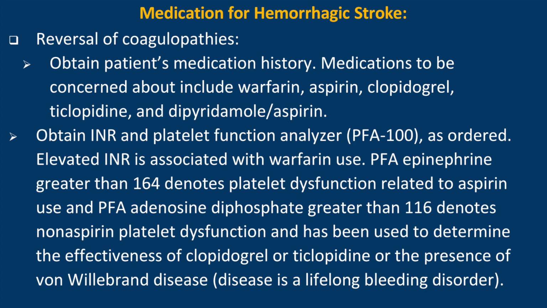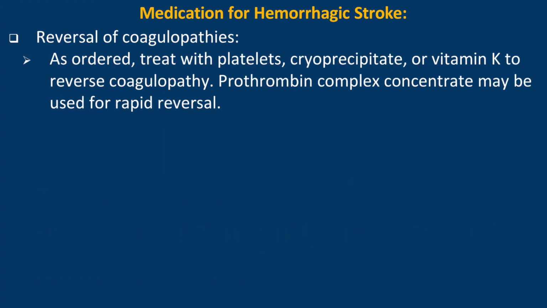Von Willebrand disease is a lifelong bleeding disorder in which your blood doesn't clot properly. As ordered, treat with platelets, cryoprecipitate or vitamin K to reverse coagulopathy. Prothrombin complex concentrate may be used for rapid reversal.